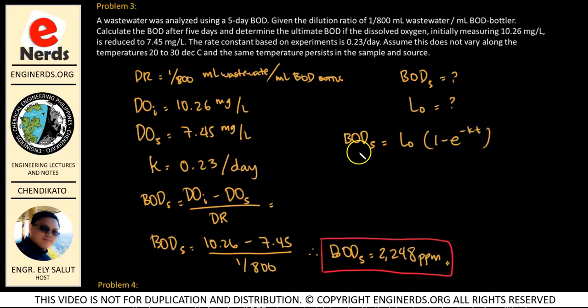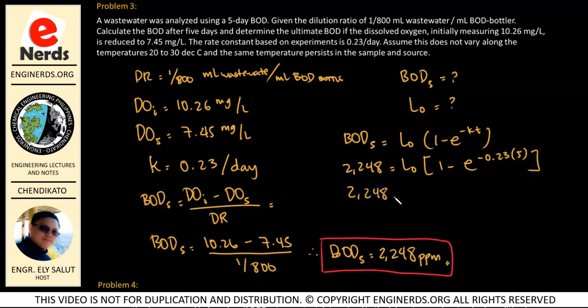Okay, so ano yung BOD5 natin? Our BOD5 is 2,248, which is equal to LO times 1 minus E to the negative. Our K is 0.23. Okay, times our time, which is 5, because we have BOD5 right here.